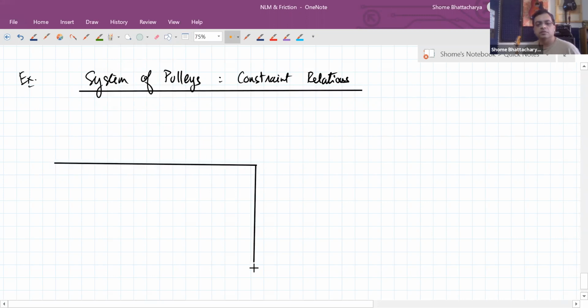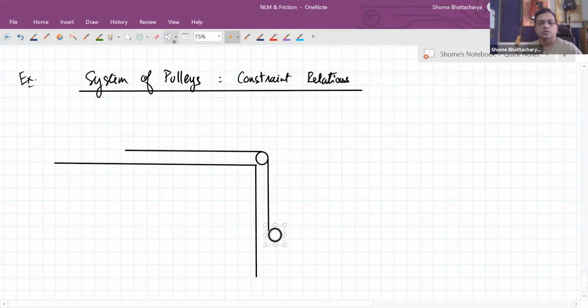So suppose we have this kind of a situation now. We have a smooth surface like a horizontal tabletop with a pulley attached right at the end. And the thread is going around another pulley.